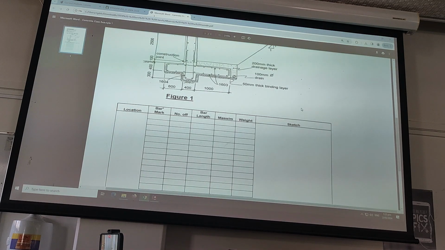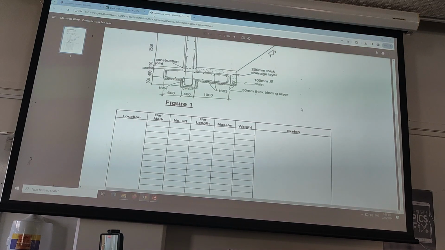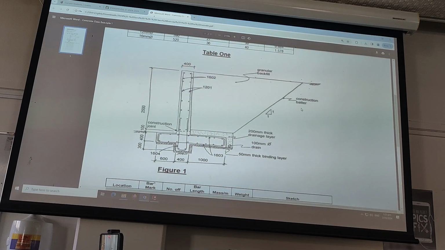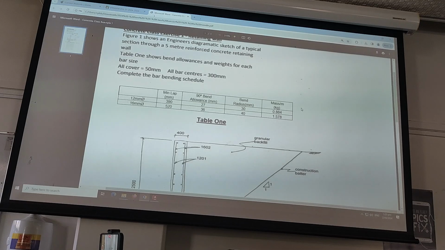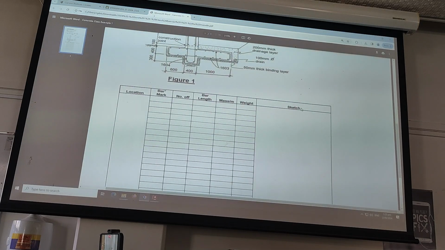The bar mark, what was it called before? 1602. Is what I asked. 1602. Uh-oh, we've missed our column here. Bar length after number off, isn't it?